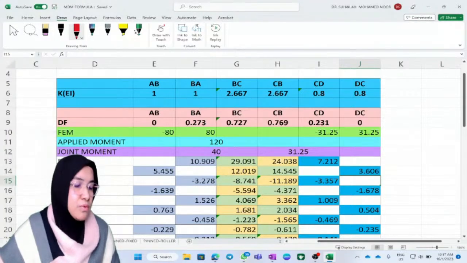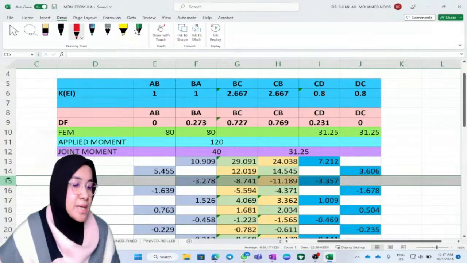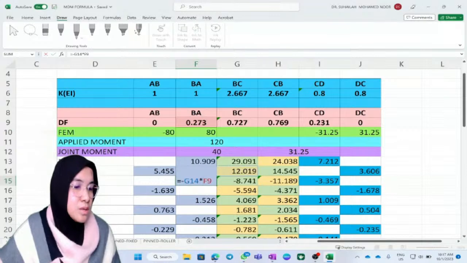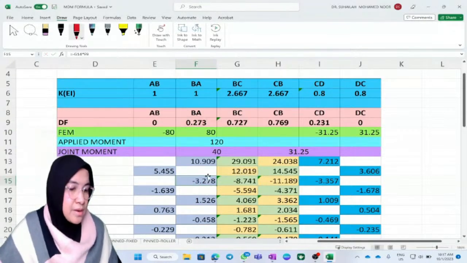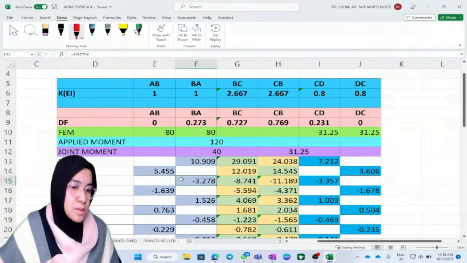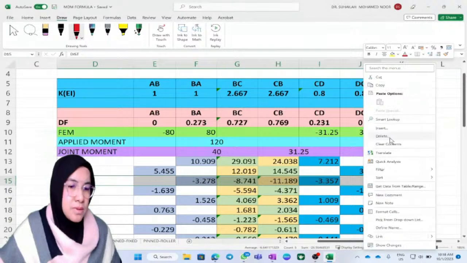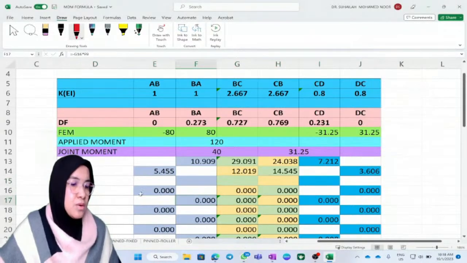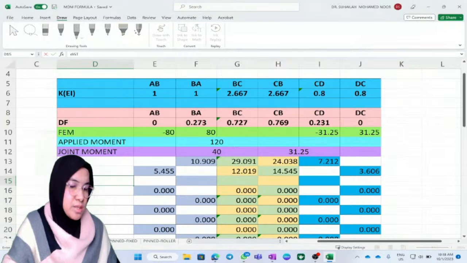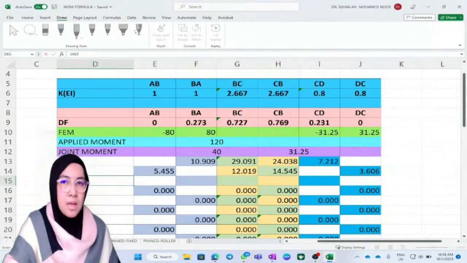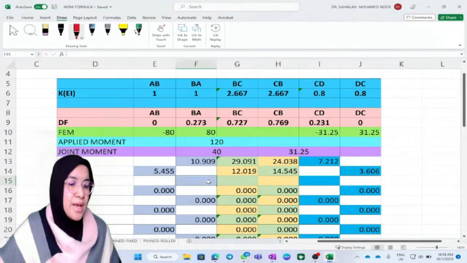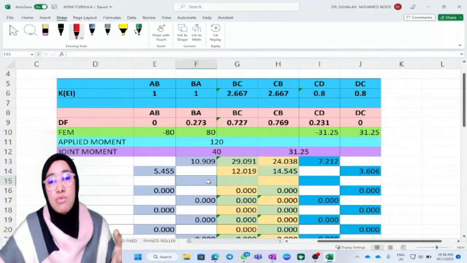Okay, next we move to the second distribution. Let's check whether it uses the same right column. Okay, I clear this one first. So this is distribution, so we have to repeat the process: distribution, carry over.